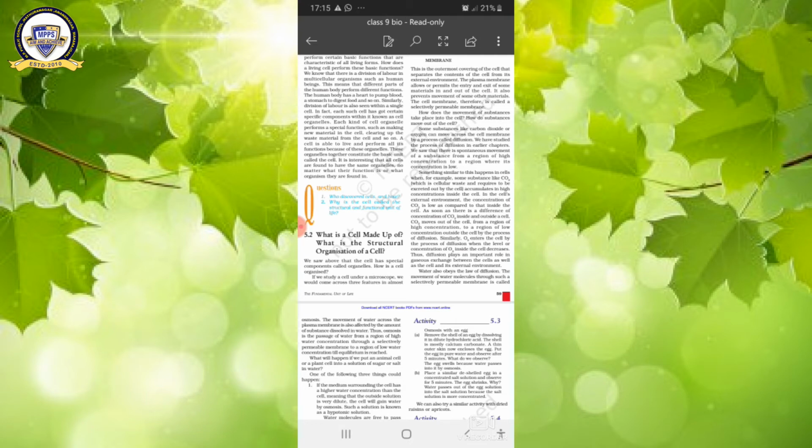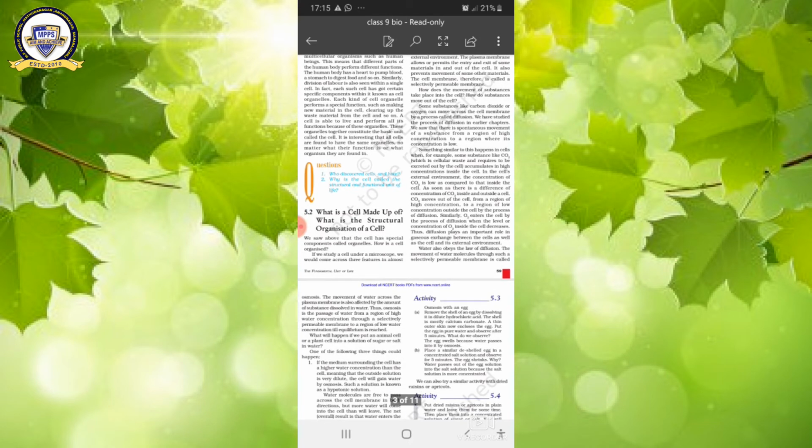As soon as there is a difference of concentration of carbon dioxide inside and outside of a cell, carbon dioxide moves out of the cell from a region of high concentration to a region of low concentration outside of the cell by the process of diffusion.